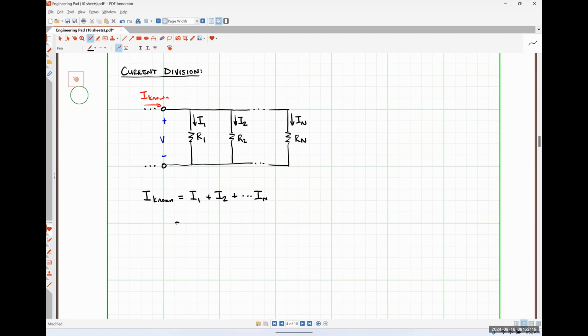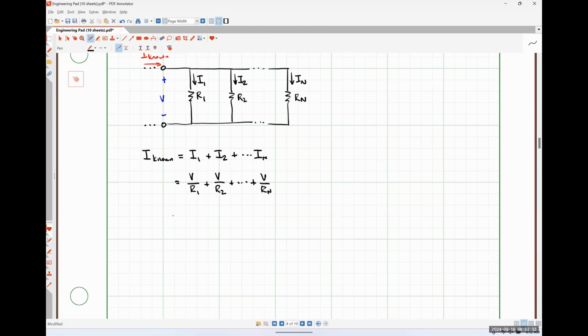Using Ohm's law, I can express all of those resistor currents in terms of that common voltage V. So that would be V over R1 plus V over R2 all the way out to V over R sub n. Factoring out the common factor of V, we would get V times 1 over R1 plus 1 over R2 all the way out to 1 over R sub n.